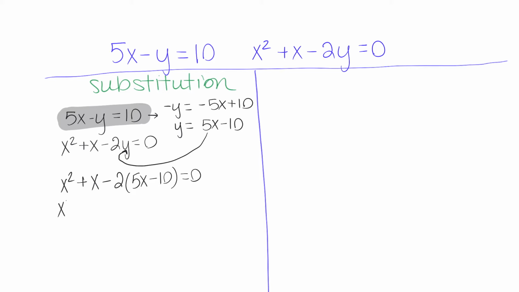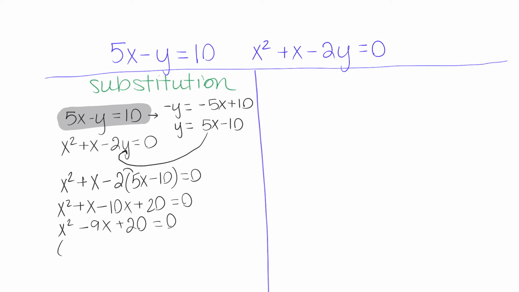I'm going to have x squared plus x minus 10x, because I need to distribute, plus 20 equals 0. Now, what we have here is a quadratic function. So we're going to combine like terms, and as long as this equals 0, we can factor it and solve for x. So this is really x squared minus 9x plus 20 equals 0.